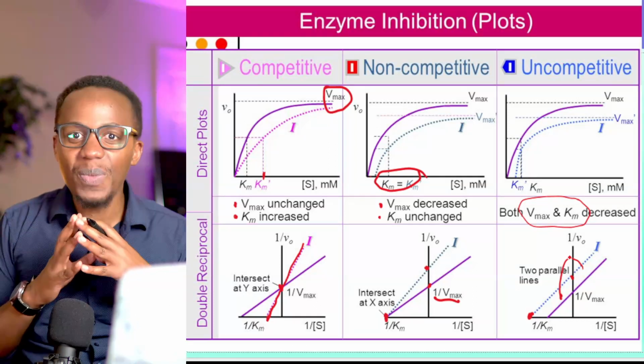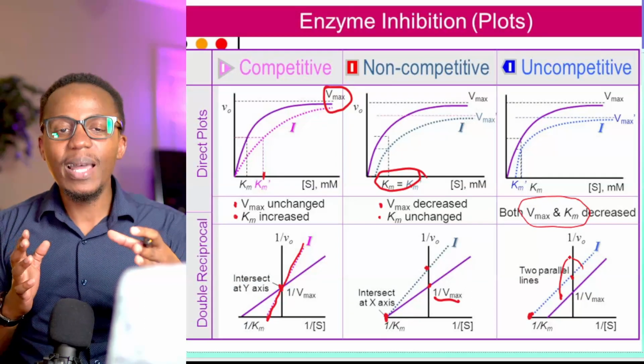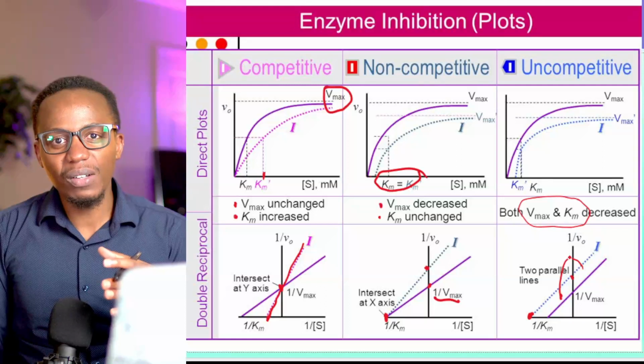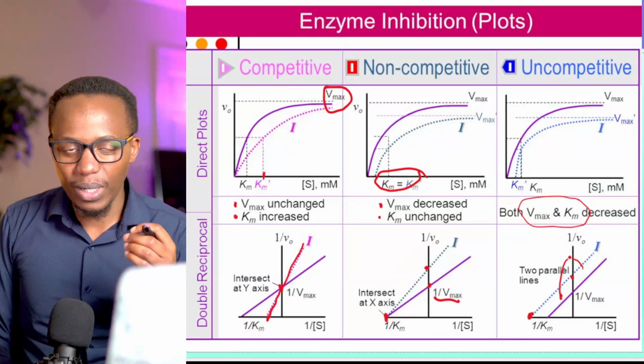So this is something that we do in the lab, by the way. We look at these numbers to learn what type of inhibitor we have in our test tube, right?